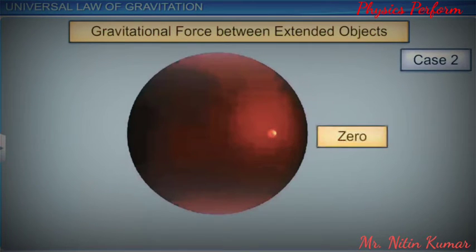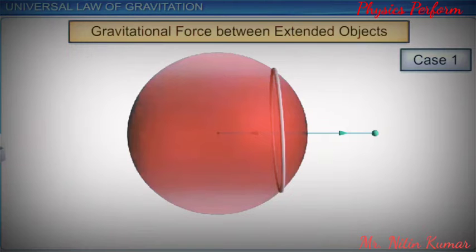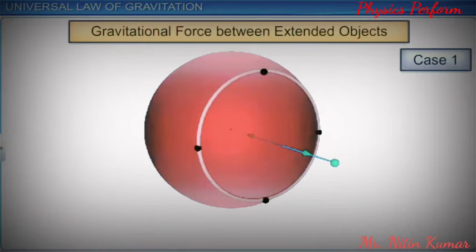The hollow shell can be considered to be consisting of several point masses along its surface. For example, consider the circular strip of the shell and the point masses on it. Gravitational forces caused by various point masses on the circular strip of the shell have two components, one along the line joining the point mass and the center of the shell, and the other perpendicular to it.